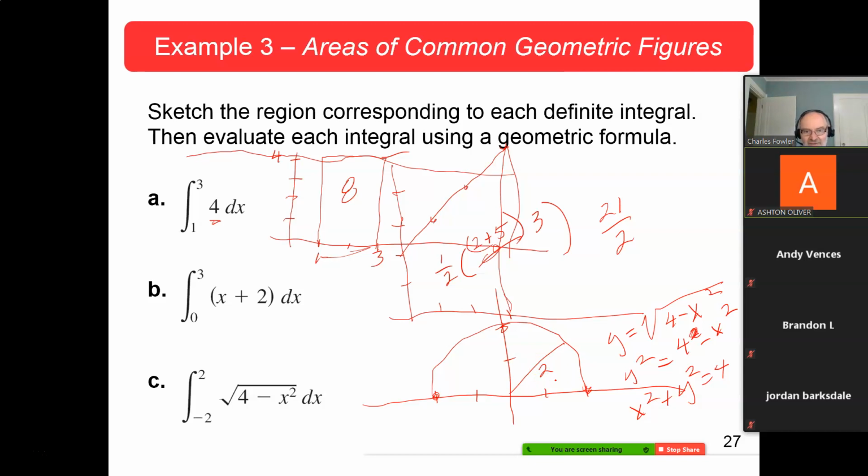There's a radius 2. That's the radius of this semicircle. Well, what's the area of a semicircle? 1/2 pi r squared, because the area of a whole circle is pi r squared. This is 1/2 of that. So that would be 1/2 pi times 2 squared, which is 4. 2 will go in the 4 twice.